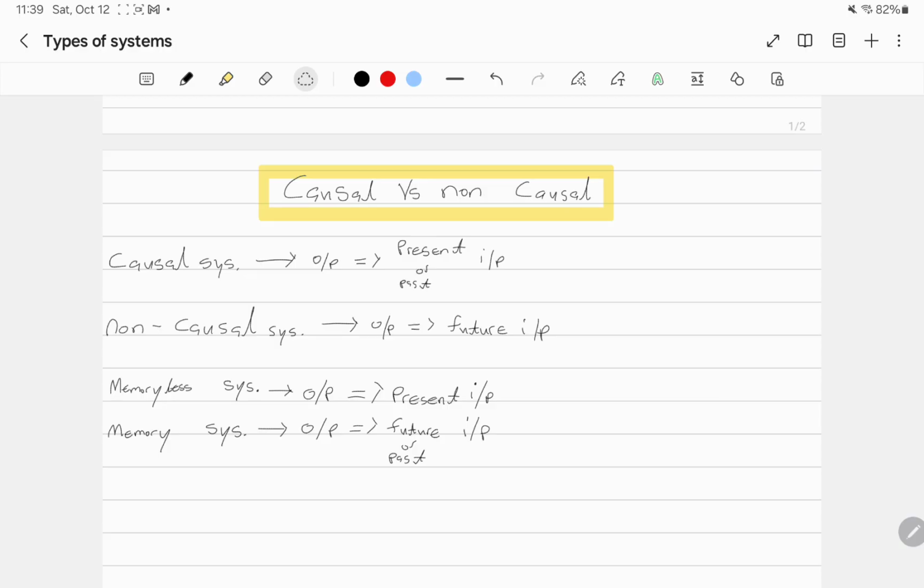And you can see here that's pretty similar to memoryless and memory systems, where non-causal and memoryless is pretty similar, except the only difference is the memoryless depends on present and the non-causal depends on future. And a system with memory depends on future or past values of the input. And then for causal, it depends on present or past.